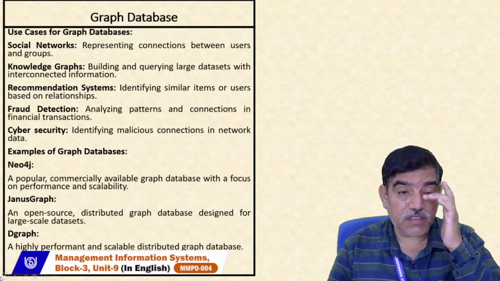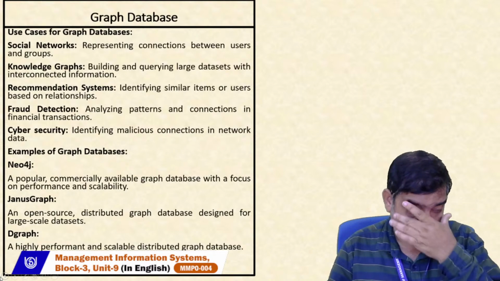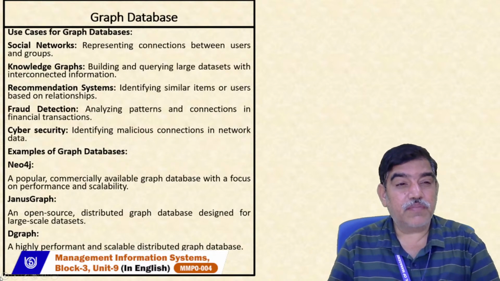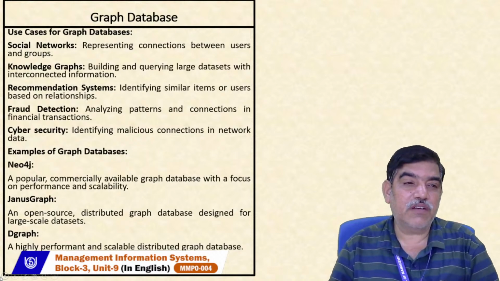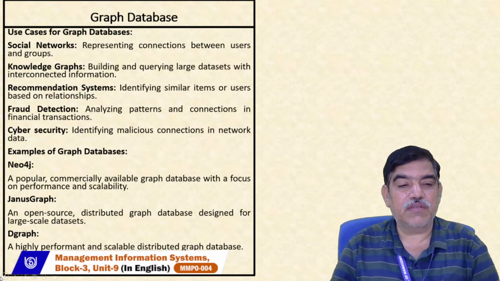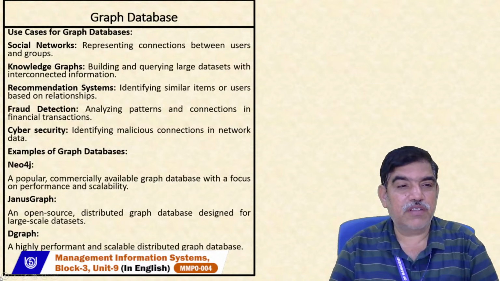Then use cases of graph database. These are social network, knowledge graph, recommendation system, fraud detection, cyber security. Social network, representing connections between users and groups.